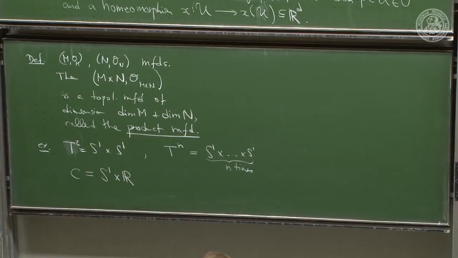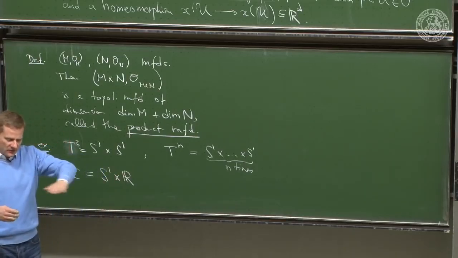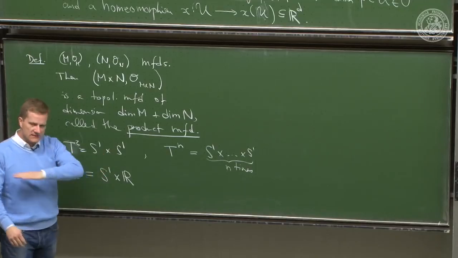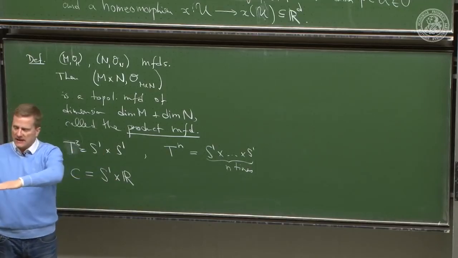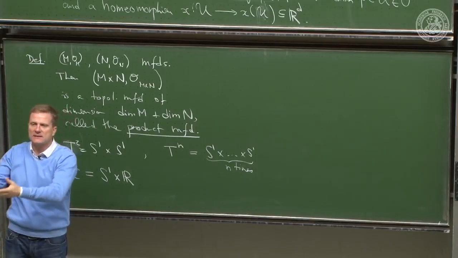Now, products are a nice thing. And very often in physics, we really think of one manifold as, say, the base space, and we think that at every point, and that's one way to think about the Cartesian product, you have one base space, and at every point you attach the same copy of another given space.